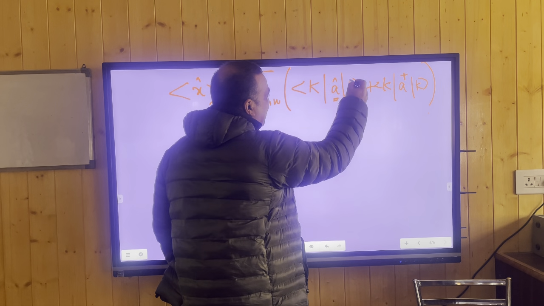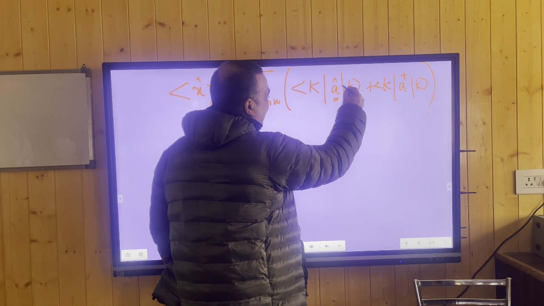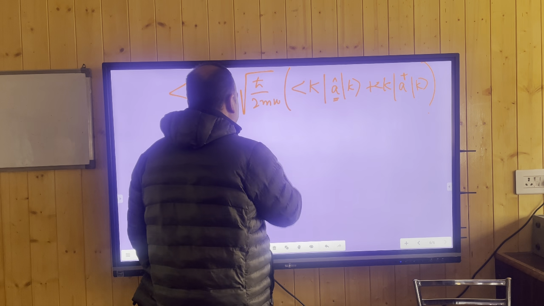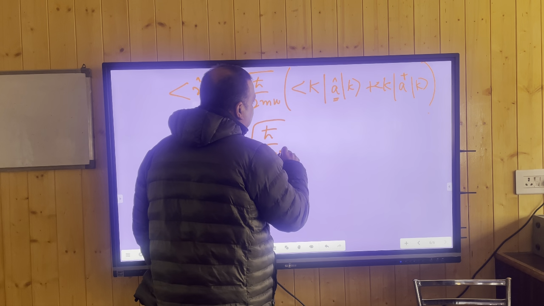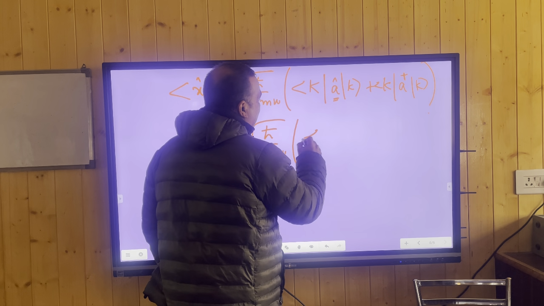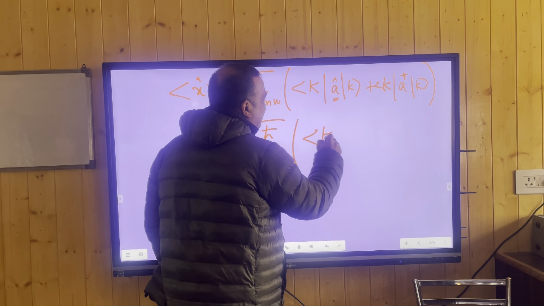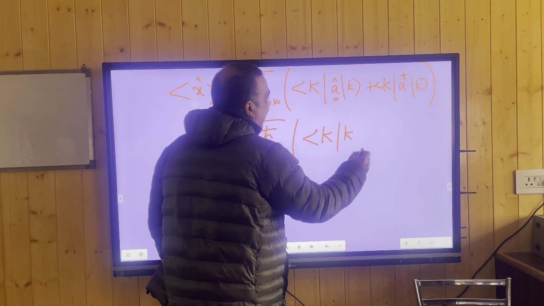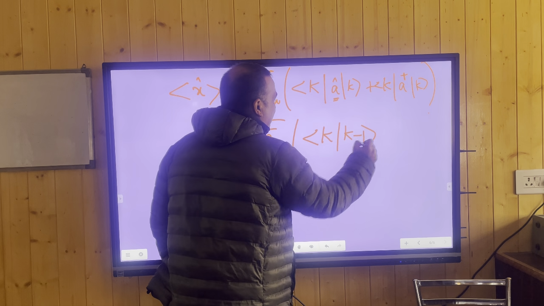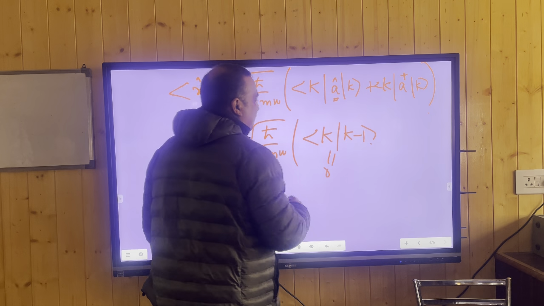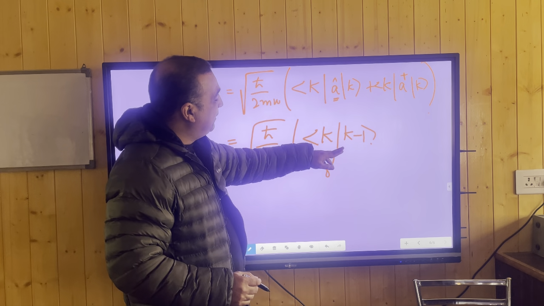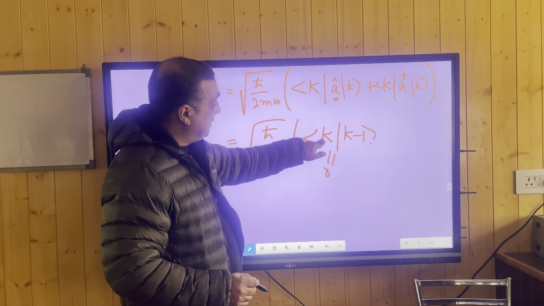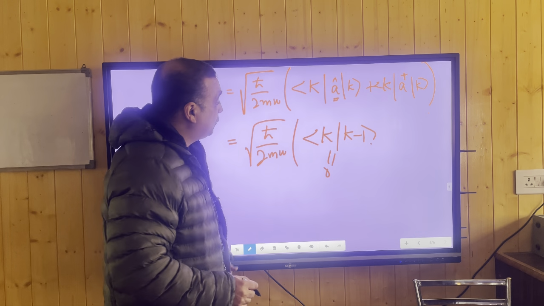When you apply this operator on k, what you are expecting is to go from the state k to k minus 1. So this will immediately be equal to 0 because the two states differ. If they are the same, then this combination can be equal to 1.